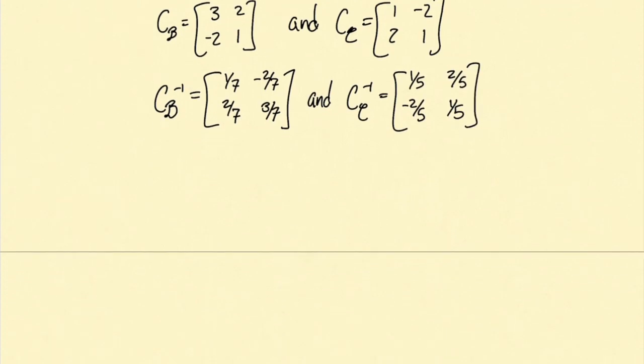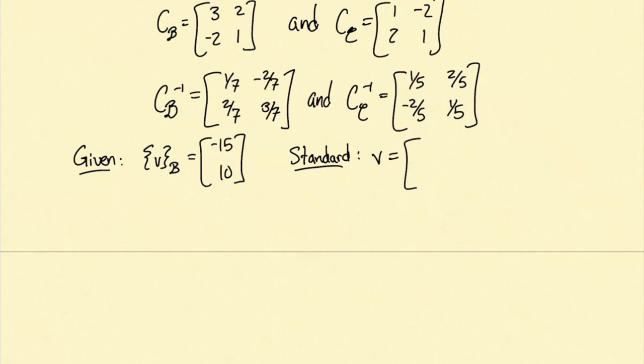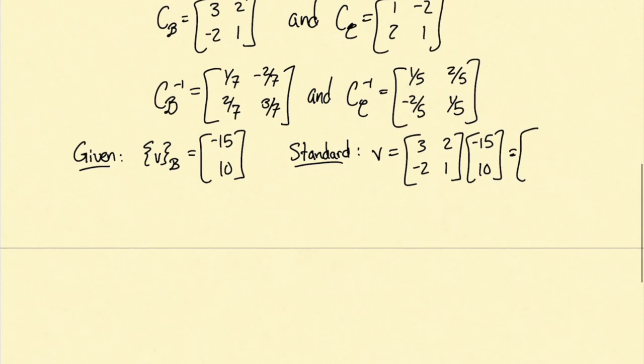So let's say we would like to convert a vector specified in coordinates according to B. If we want to express this in terms of our coordinates for the basis C, we can first convert to standard coordinates.